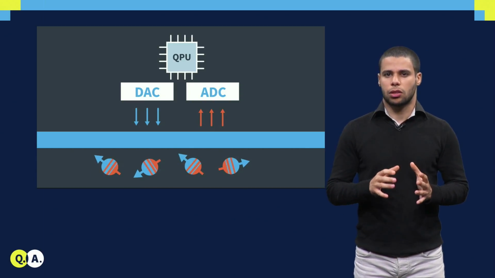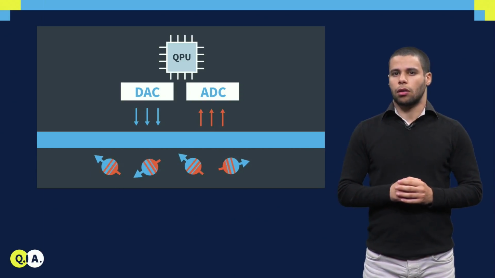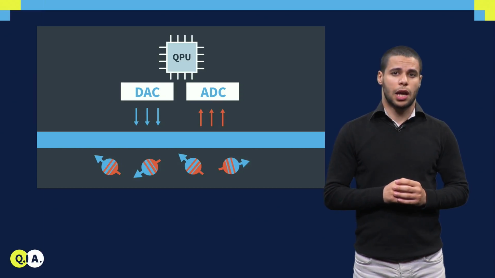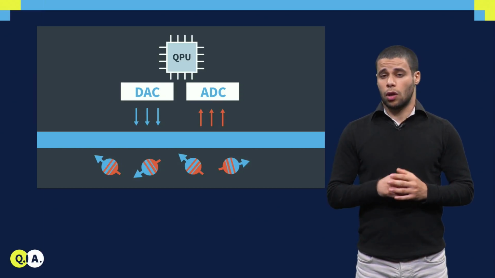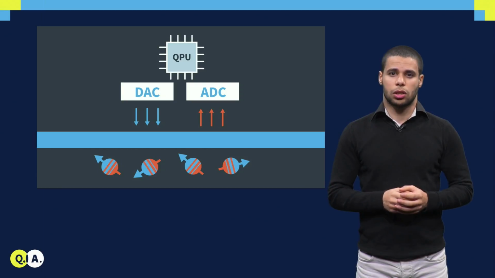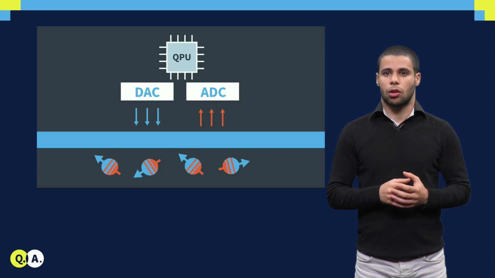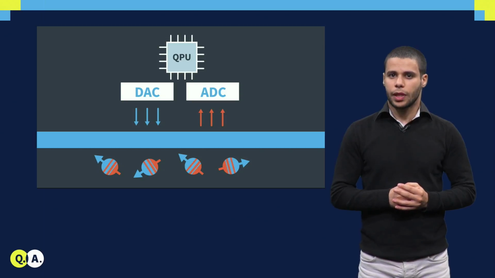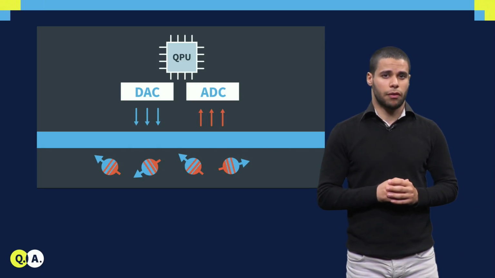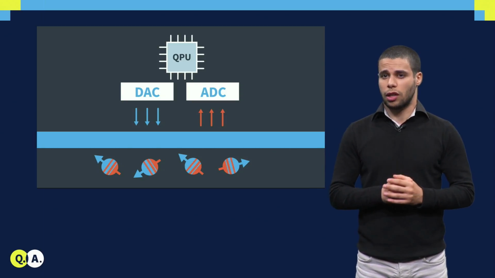One of the main tasks of the microarchitecture, or more specifically the quantum pipeline, is to translate the quantum instructions into analog signals which can be sent or applied to the qubits. These signals can be microwave pulses or constant voltage levels.